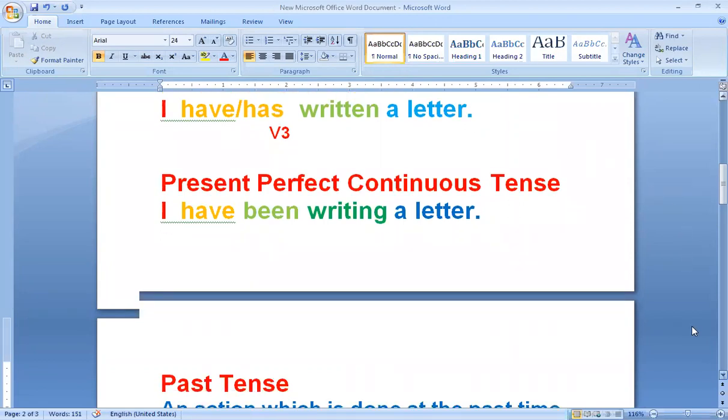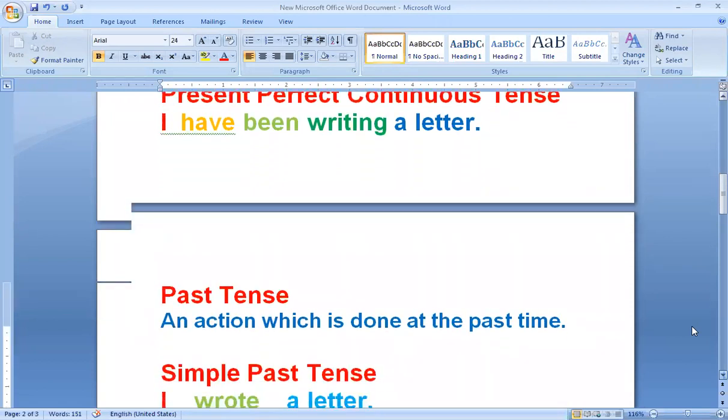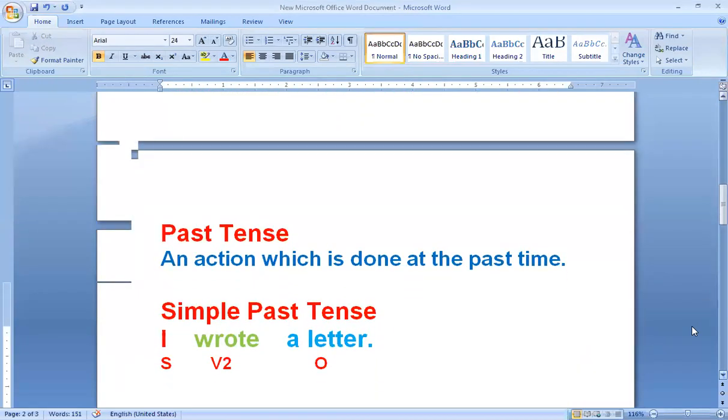But here, I wrote a letter, it has only connection with the past time. And present perfect tense has the connection with the past and present. So this is a simple past tense. I wrote a letter here. Second form of the verb wrote is used.